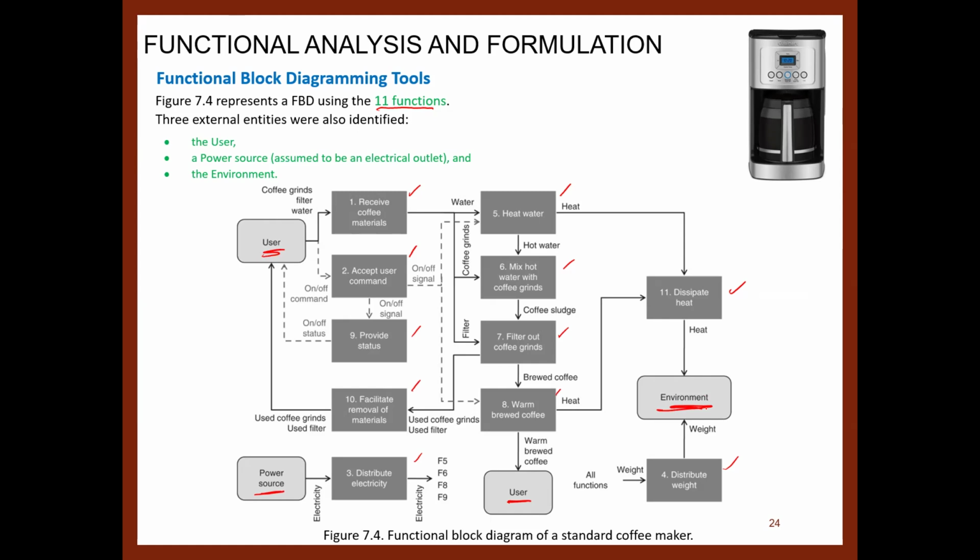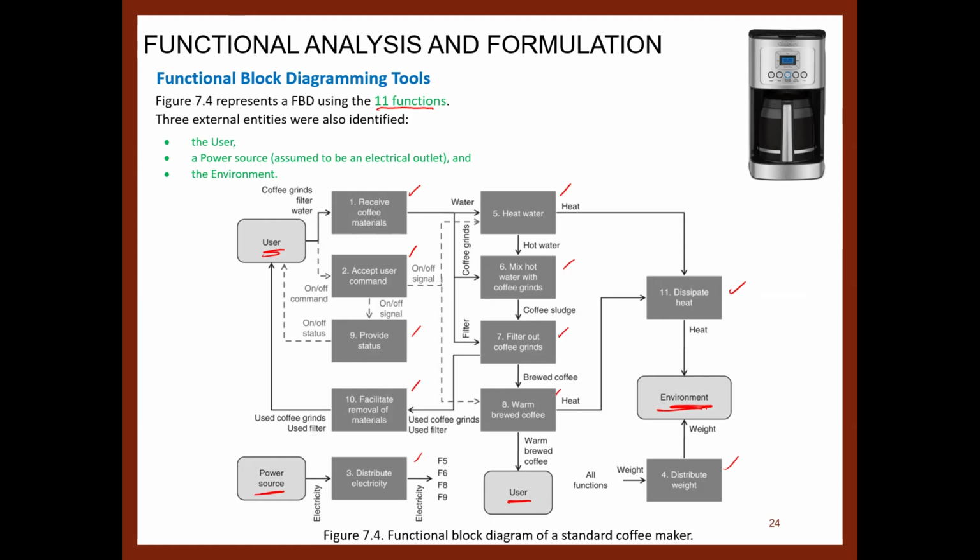And the way they are connected is basically the route that you follow in order to complete the coffee, right, when using this system. So you start with the user receiving the coffee materials. The user is interacting with the coffee maker, accept the user command, and from there, there's an operation that is happening simultaneously with the power source.